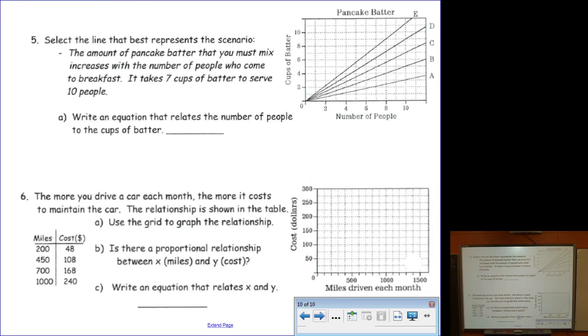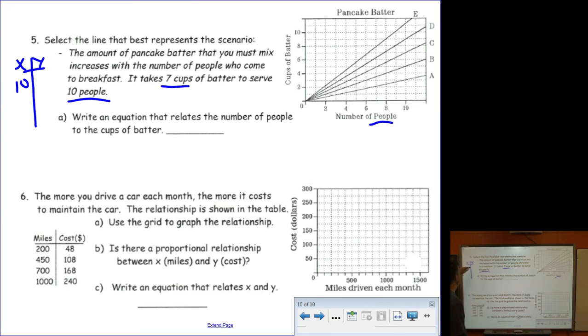All right, next up I have the line that best represents the scenario. The amount of pancake batter that you mix increases with the number of people who come to breakfast. It takes 7 cups to serve 10 people. People is my x value.